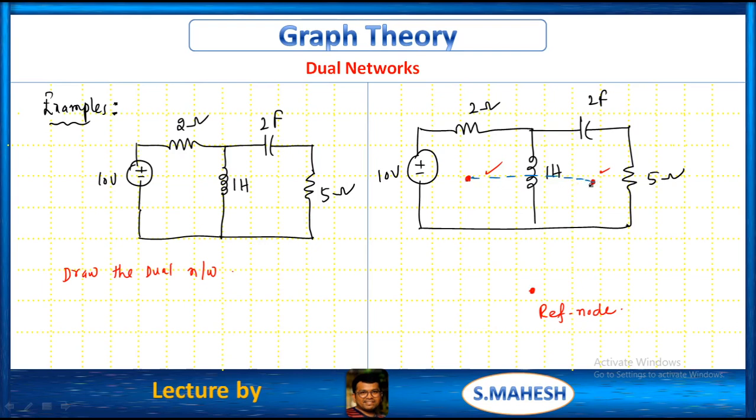See, there is a connection from here to here with one element, right? Like that, we are connecting adjoining dots by connecting one element. Like that, we are connecting this dot to the reference dot by connecting this element, the voltage source.